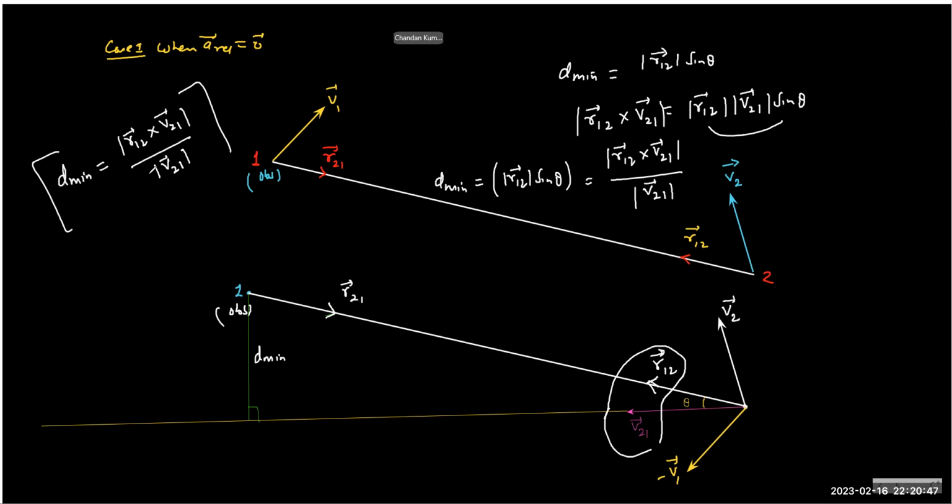Yes, sir. Now, what will be the condition for collision, when they will hit? For collision, what should be the condition? Can you guess? D minimum should be 0. Exactly. The D minimum should be 0, that's logical, which means R12 cross V21 is 0, so V21 and R12 are parallel.